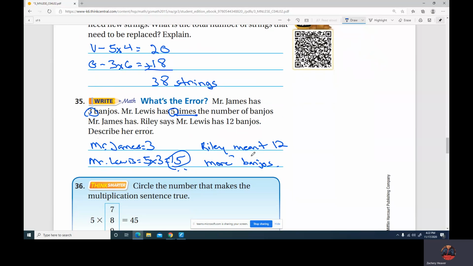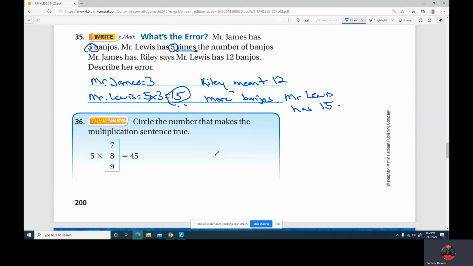So Riley meant 12 more banjos. Mr. Lewis has 15. So Riley said Mr. Lewis has 12 banjos. That's wrong. He has 12 more banjos. Mr. Lewis actually owns 15 banjos.